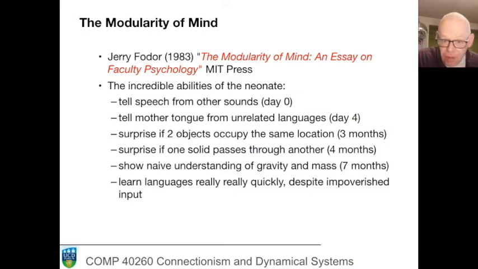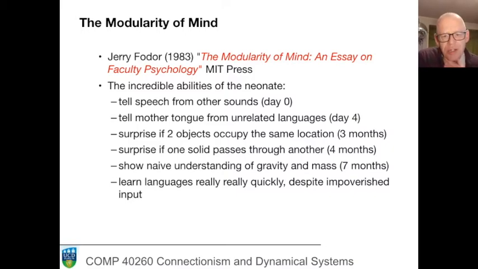The specifics of this particular claim relate to large differences between languages, for example, between English and Japanese, and not to what we might think of as much more closely related languages. So this claim does not apply to infants distinguishing between English and Dutch, for example, but they will distinguish between English and Japanese.